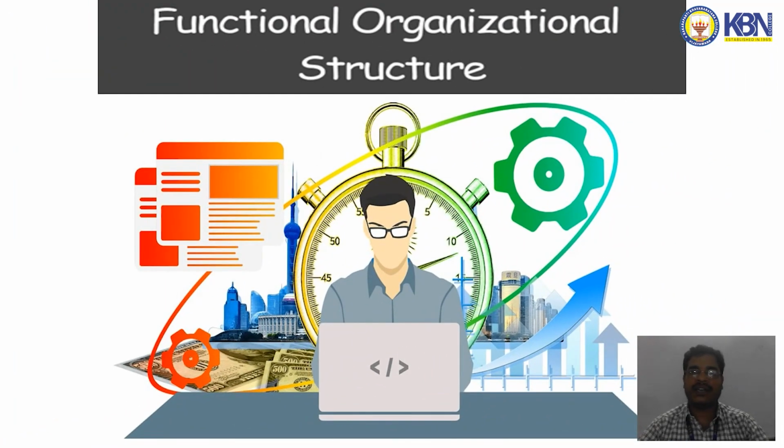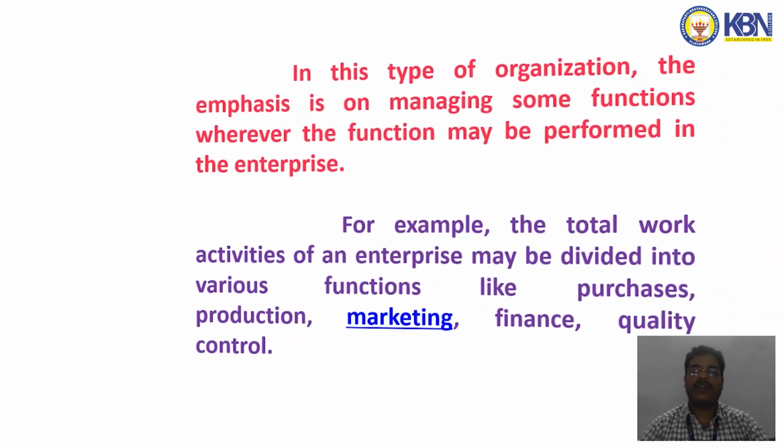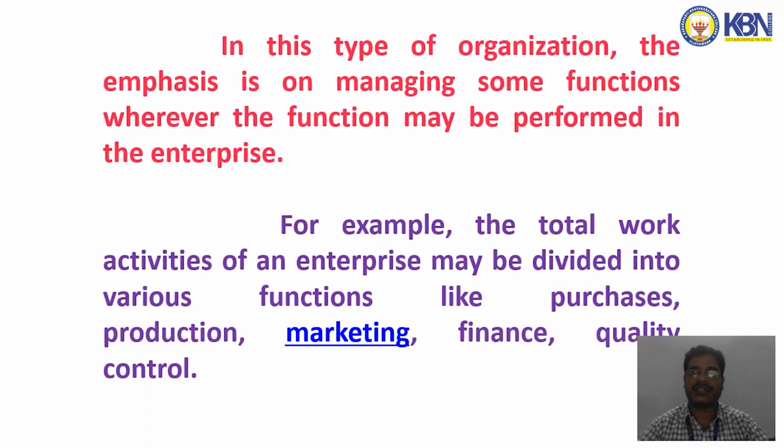And coming to the third one, that is the formal organizational structure. This is the third and last important organizational design which we come across in our day-to-day life. When it comes to the formal organizational structure, the emphasis is completely on managing functions, wherever the function may be performed in the enterprise. For example, the total work activities of an enterprise may be divided into various functions like purchases, production, marketing, finance, quality control, human resources, security, information technology.